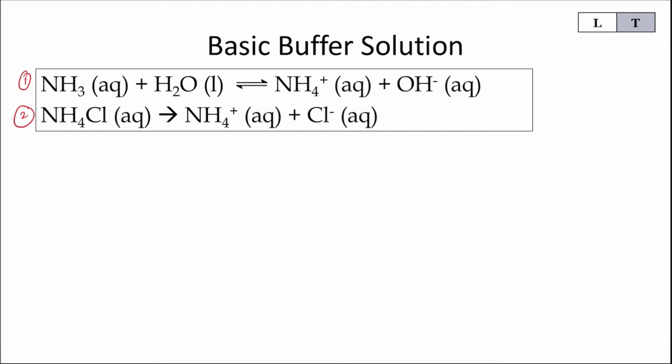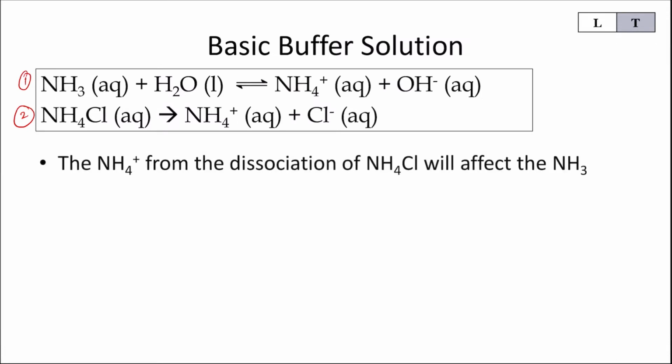Due to ammonia as weak base, dia akan dissociate untuk hasilkan NH4+, but this amount of ion is very small. So that's why dia need another amount of same ion daripada salt, sebab tu salt akan bantu untuk increase the amount of NH4+. So NH4+ daripada salt ini akan affect lah amount untuk kita punya weak base. The NH4+ ion dalam base akan meningkat.